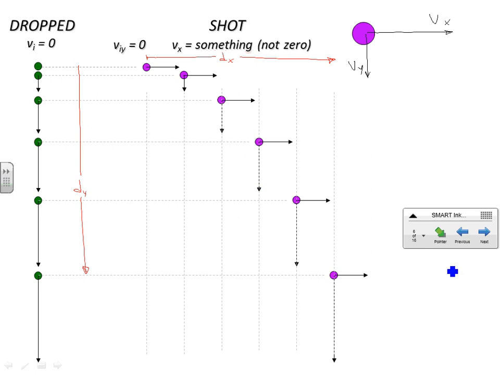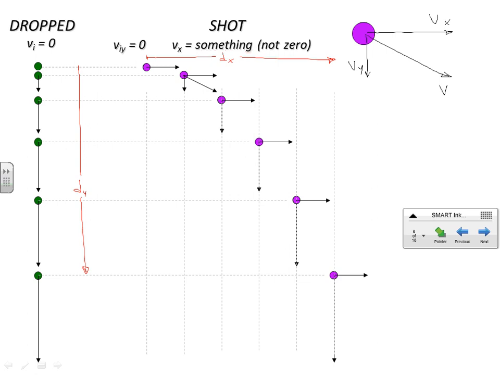Other things to notice: if we look at any instant at how fast the purple object is moving, its velocity is actually that. That's its actual velocity. Not the horizontal part, not the vertical part, it's the whole thing. And I hope you can notice that V there is the resultant of Vx and Vy.